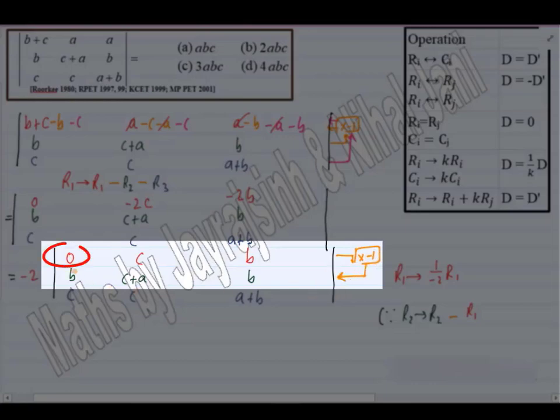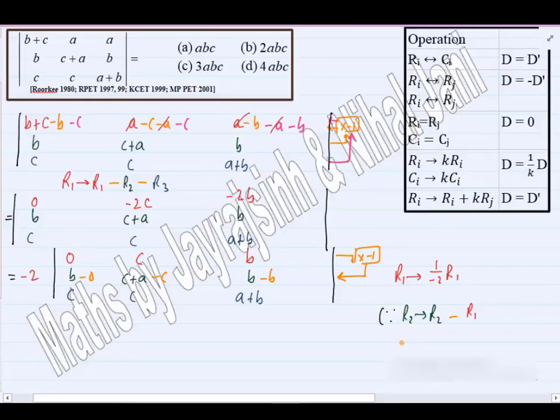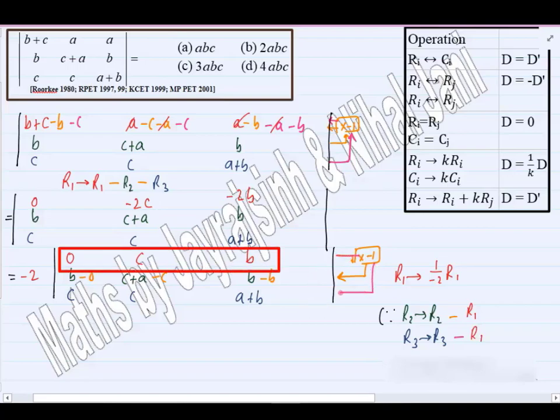So 0 minus 1 are 0, then minus c and minus b. Same thing we can do with the third row. R3 gives R3 minus R1. Multiply minus 1 and add into the third row. So minus 0, minus c and minus b.